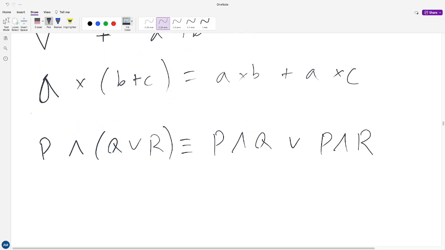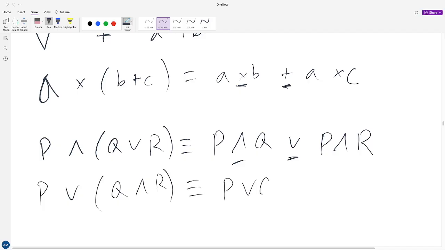As you can see, this multiplication matches up with and, this plus matches up with or. And on the flip side, we also have P or (Q and R). It's the same thing as (P or Q) and (P or R).